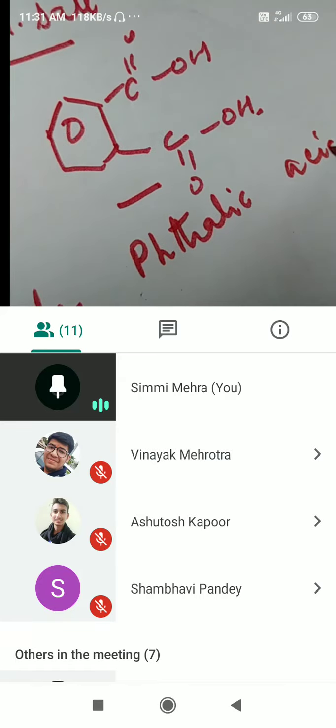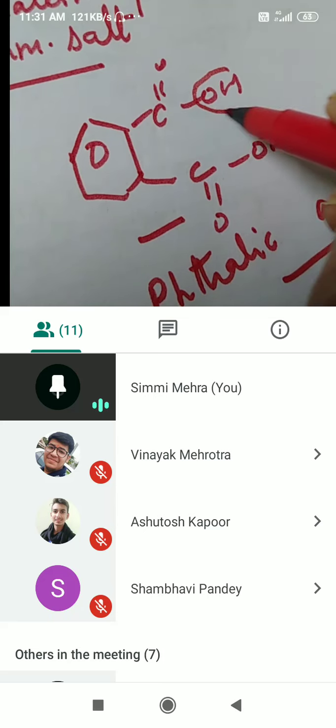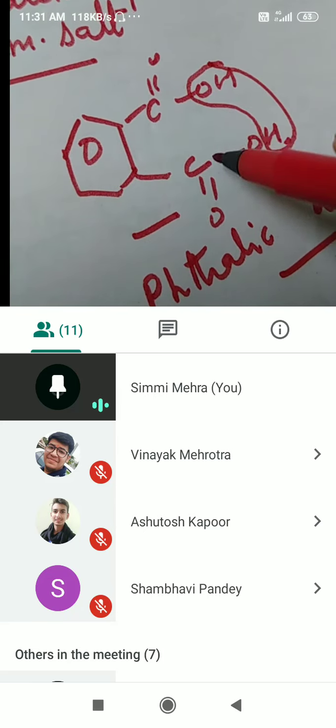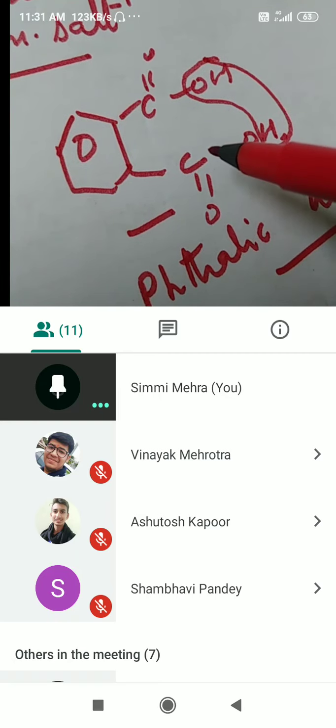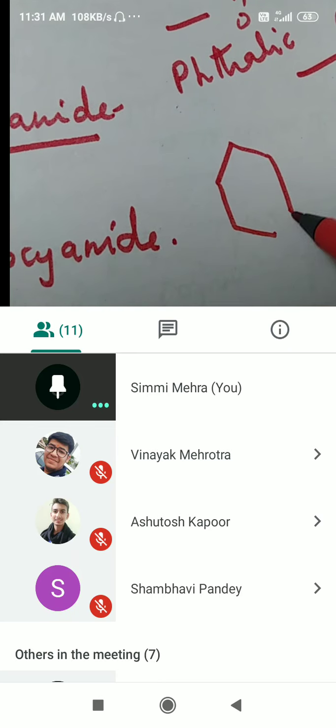When this is treated with ammonia, what happens? It loses a water molecule from here, and here attachment will take place by means of NH. So we will get this compound which is known as phthalimide.